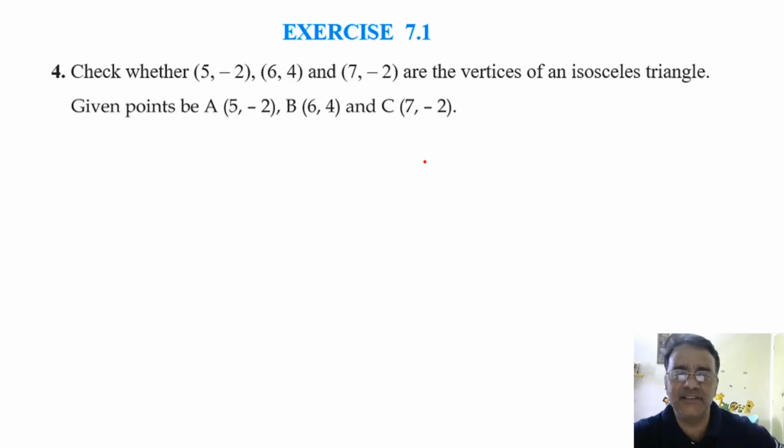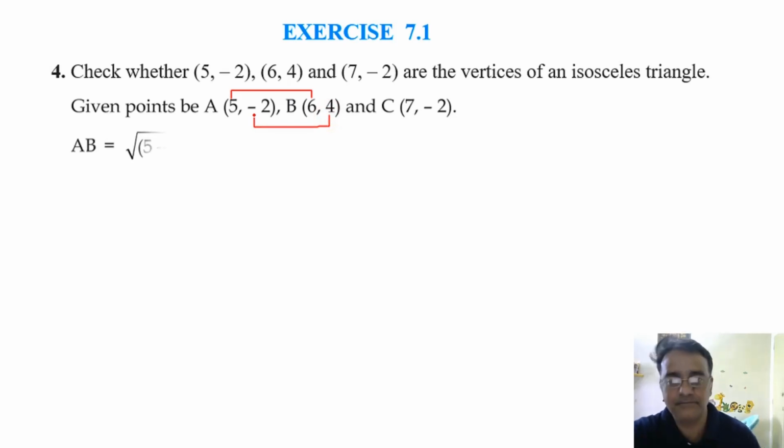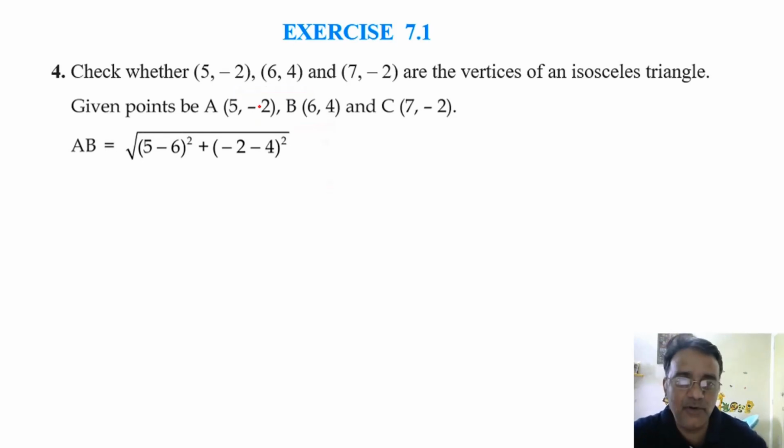So we'll find first AB. See carefully, square root of (6 minus 5) whole square plus (4 minus of -2, that will become +2) whole square. ठीक है. अभी हम लोग इसको ऐसा भी लिख सकते हैं x1 minus x2 whole square and y1 minus y2 whole square.